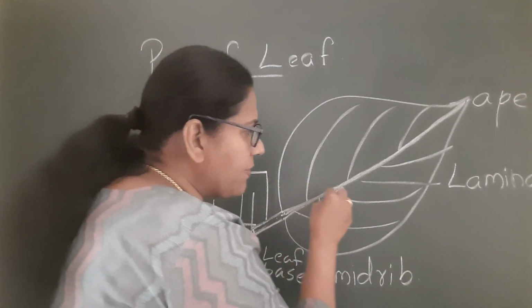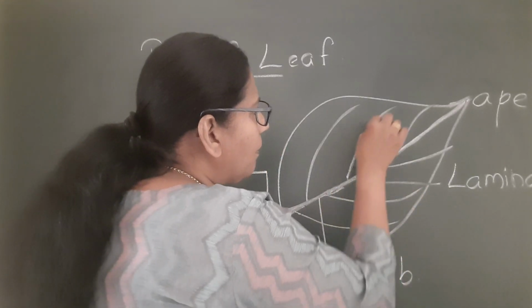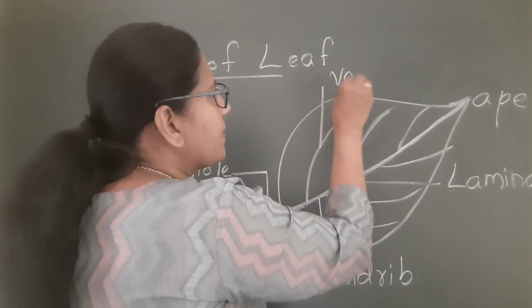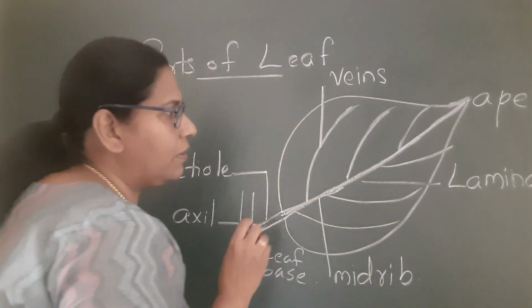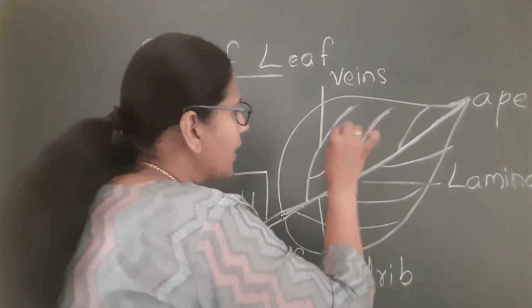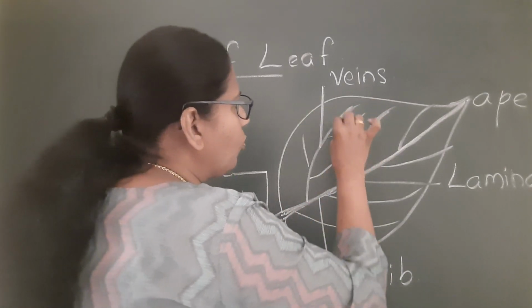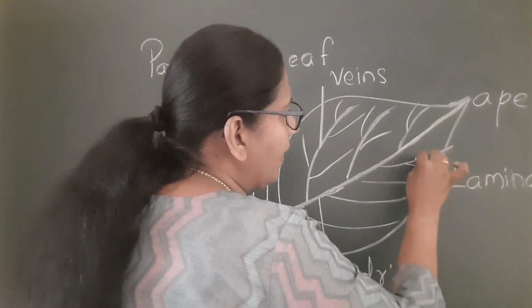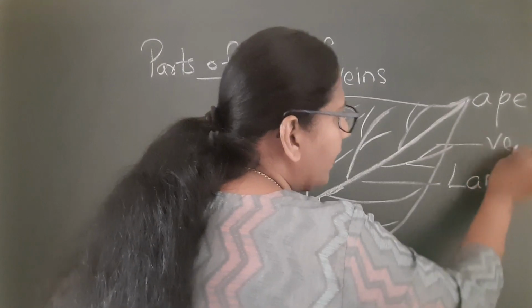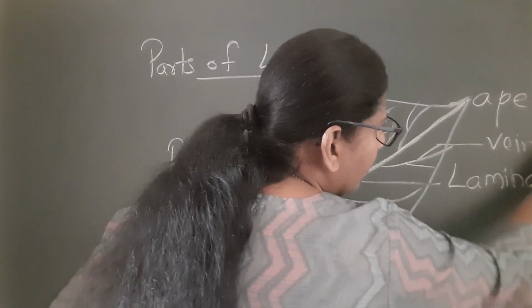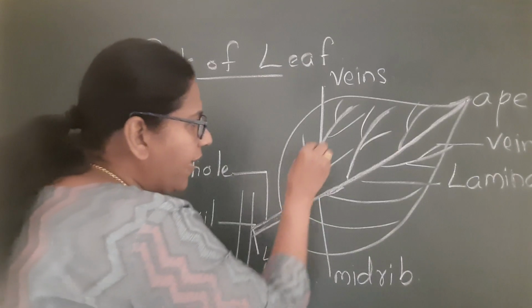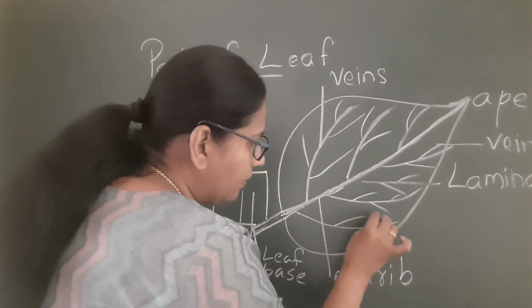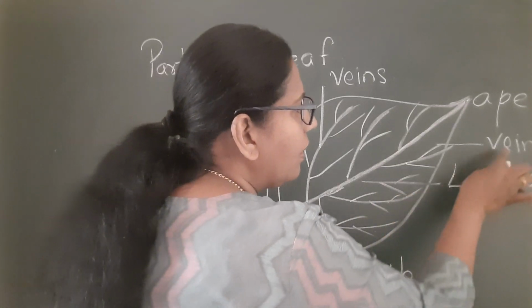This midrib gives out branches. These are called veins. These veins again give out branches, network like. They are called veinlets.